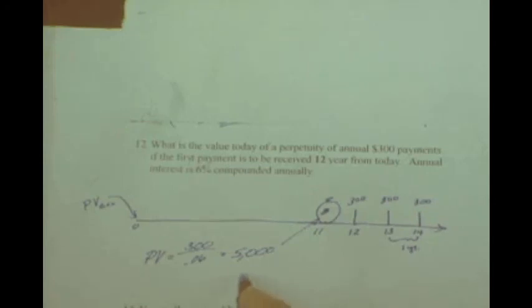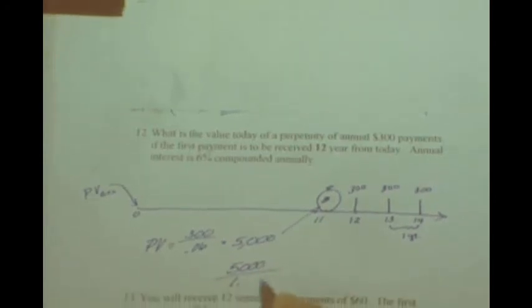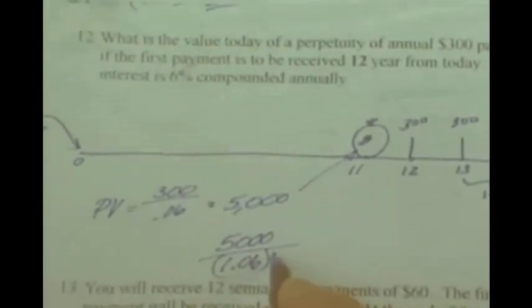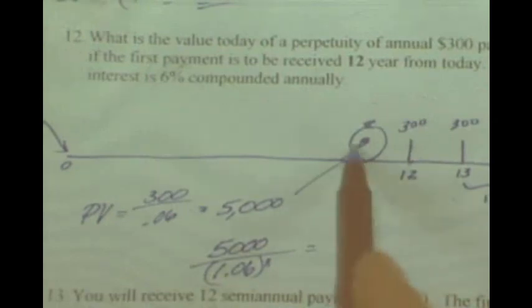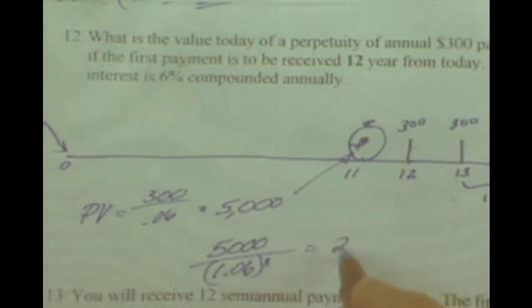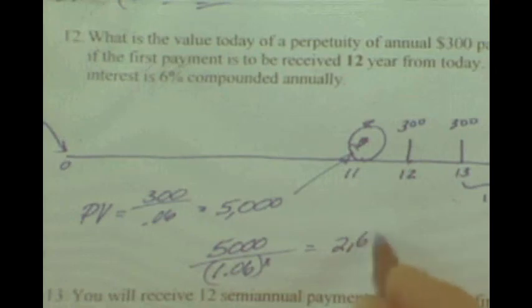So the building block equation, we'll move that back in time 11 periods to put it where we want it. And the answer is 2,633.94. Okay.